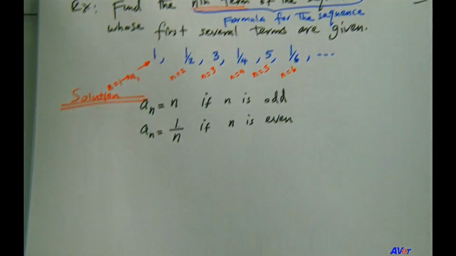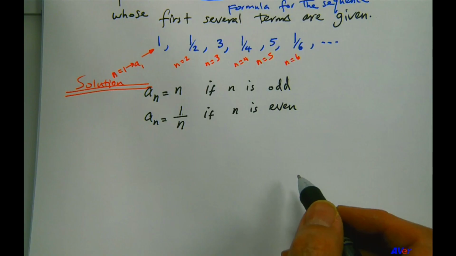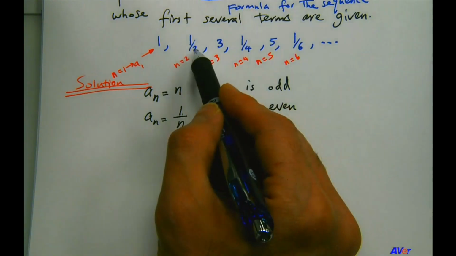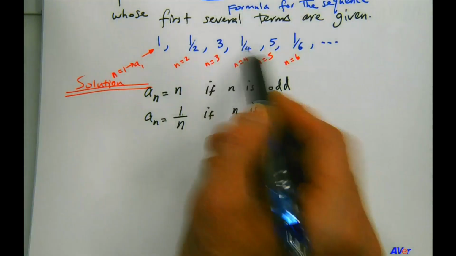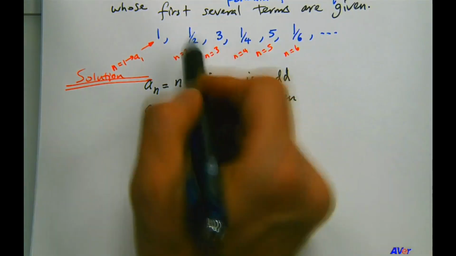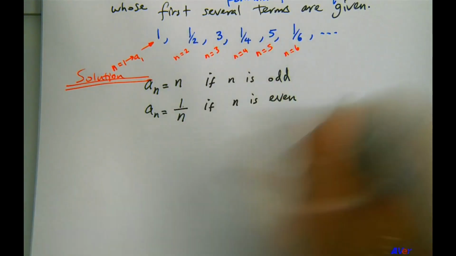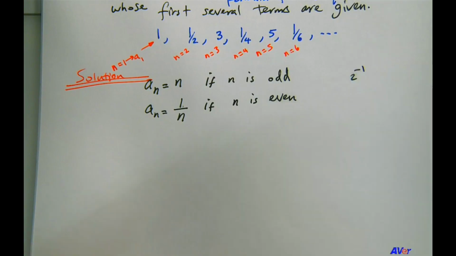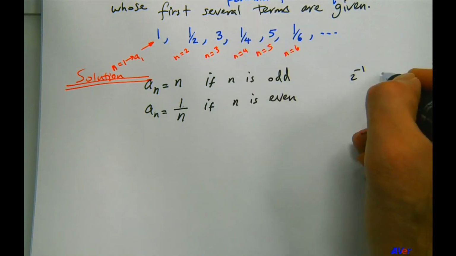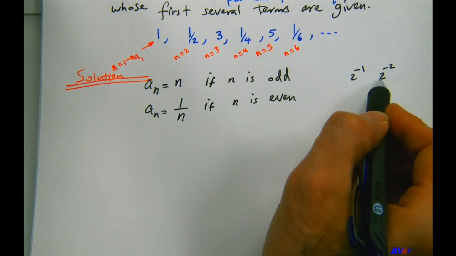Because in mathematics we do not keep negative powers for the most part, we like to rewrite the expression without the negative power, that's why we end up with 1 over 2, 1 over 4, 1 over 6. In other words, 1 over 2 can be written as 2 to the negative 1 power. You see that? 1 over 4 can be written as 2 to the negative 2 power. That's 1 over 4.